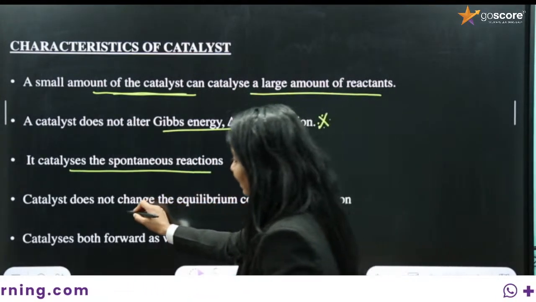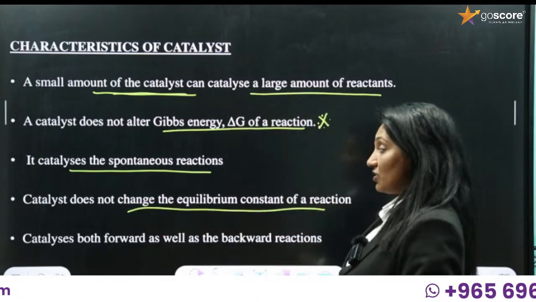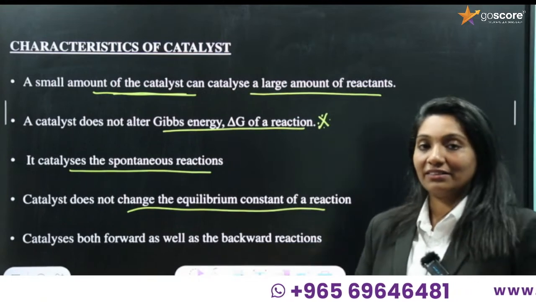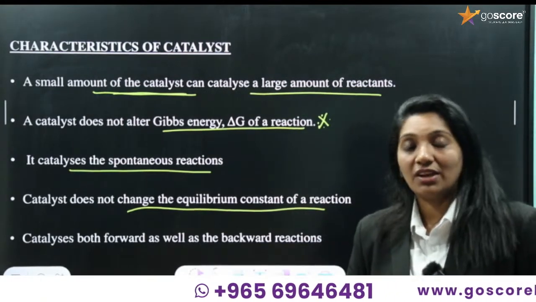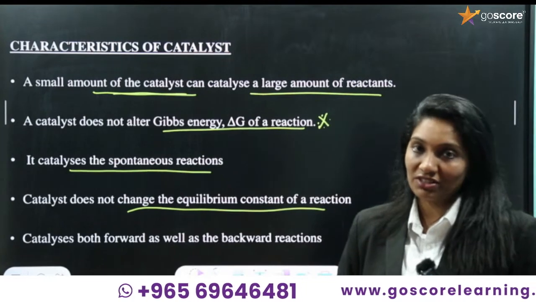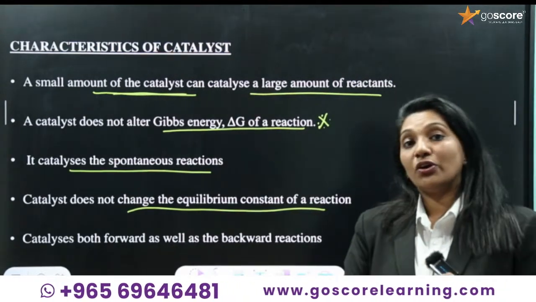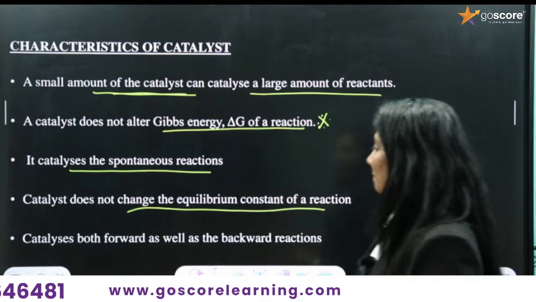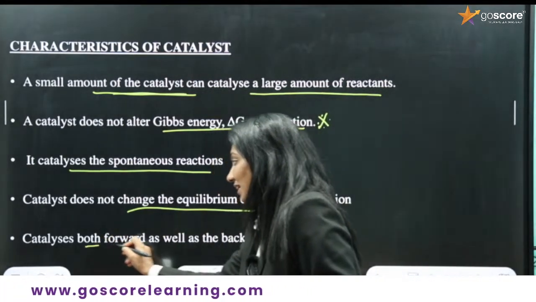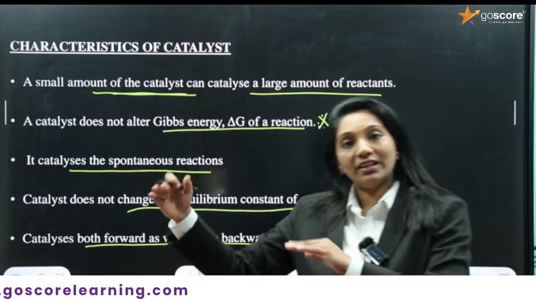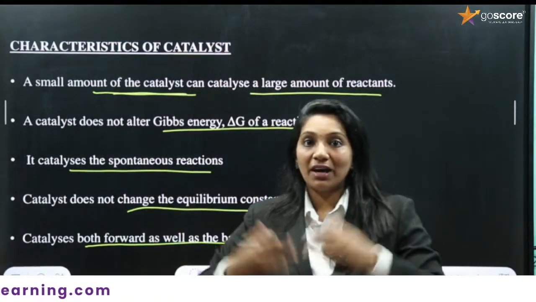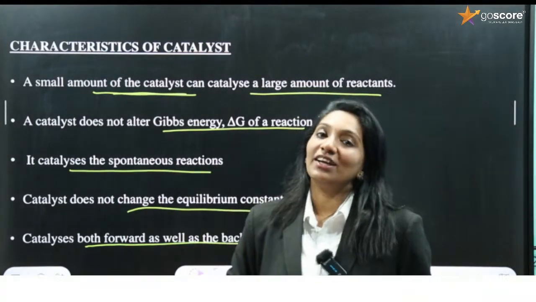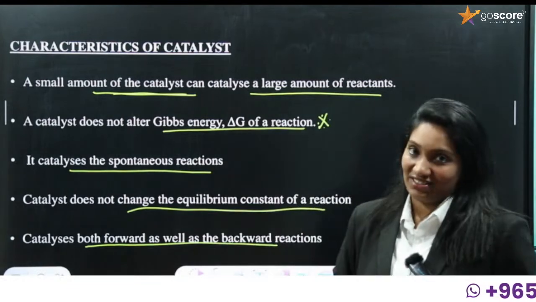And the next point is, the catalyst does not change the equilibrium constant of the reaction. Rather, it helps to attain the equilibrium in a faster way, but it will not alter the equilibrium constant. Next, it catalyzes both the forward as well as the backward reaction, thereby helping to reach equilibrium in a faster way.